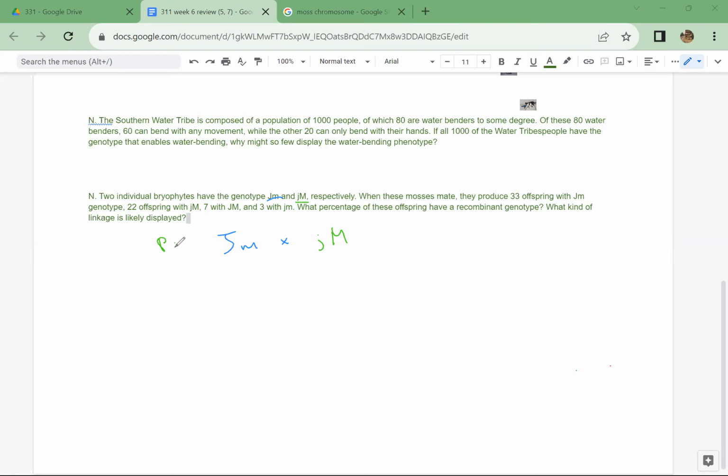When these mosses mate, they produce 33 offspring in the following numbers.